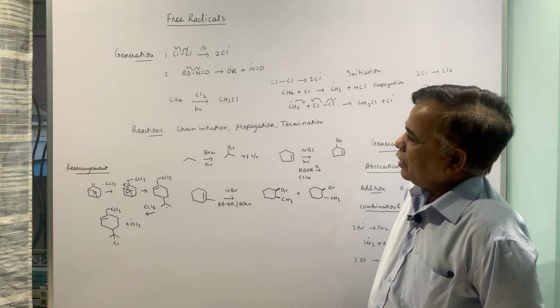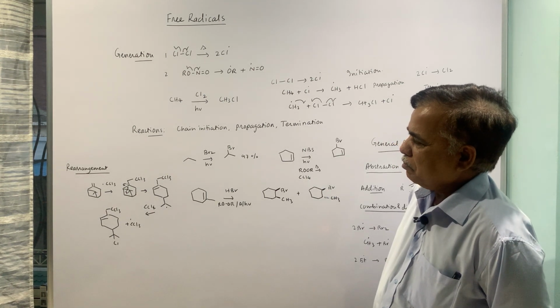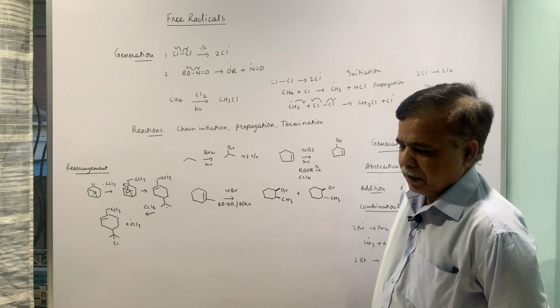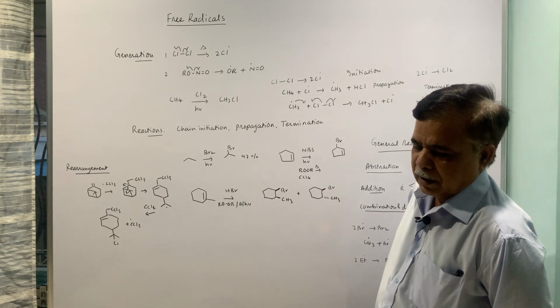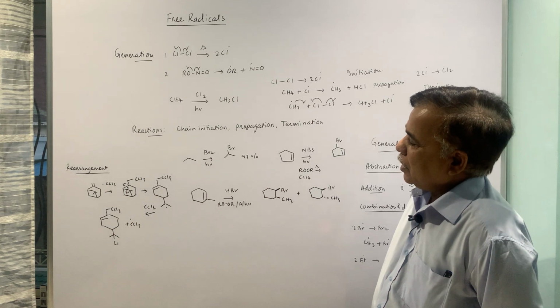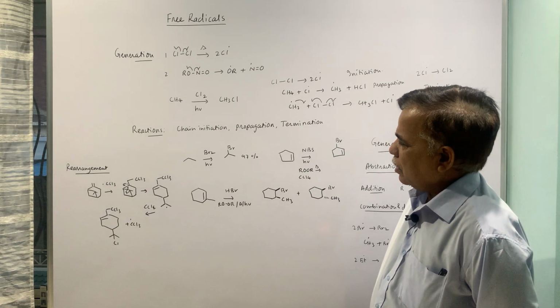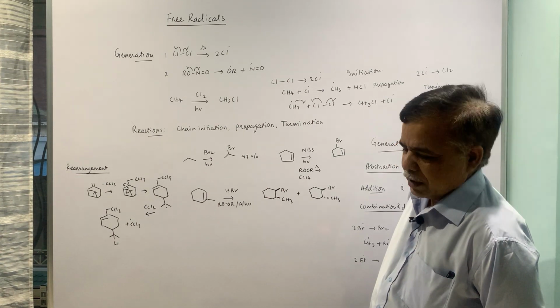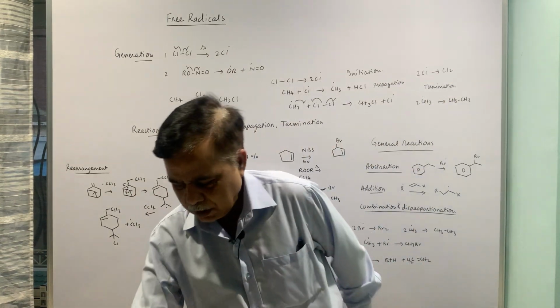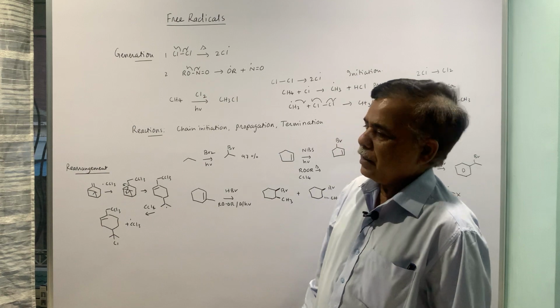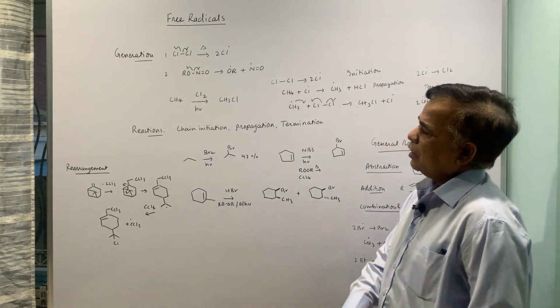Now today we will see generation, then the stability part also we have to talk, and then the reactions pertaining to these radicals. So first of all, generation, there are two methods, as I said earlier, thermal and photochemical method.